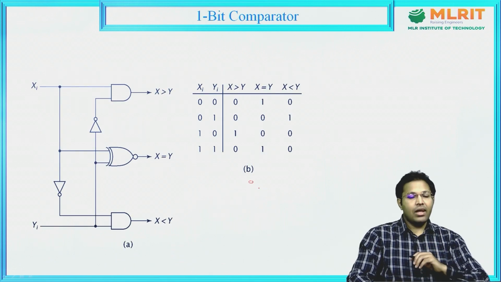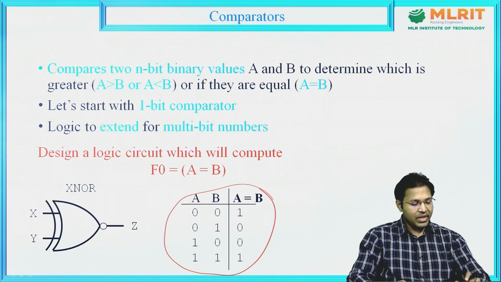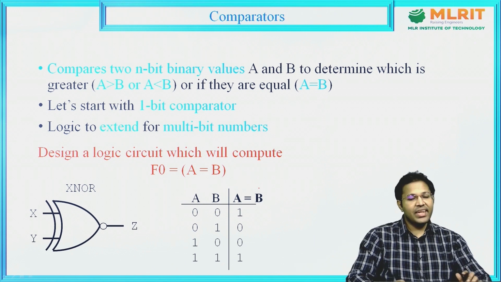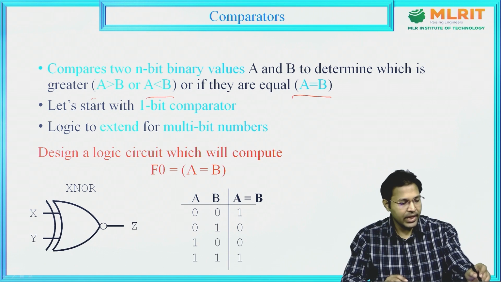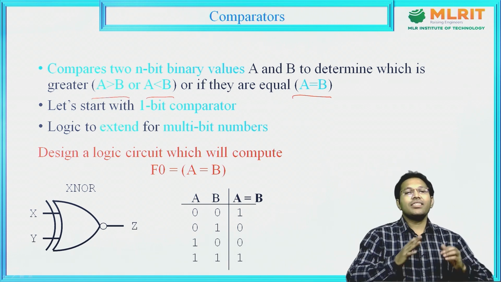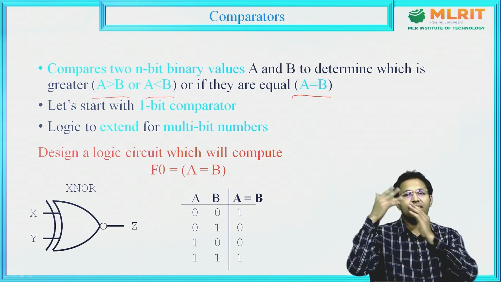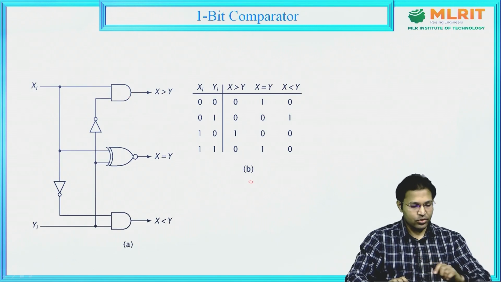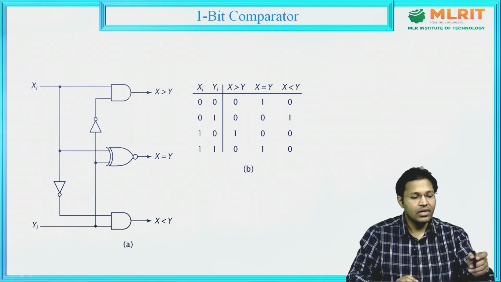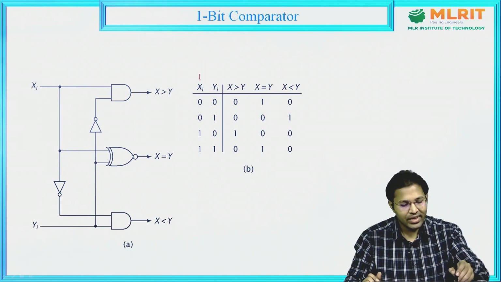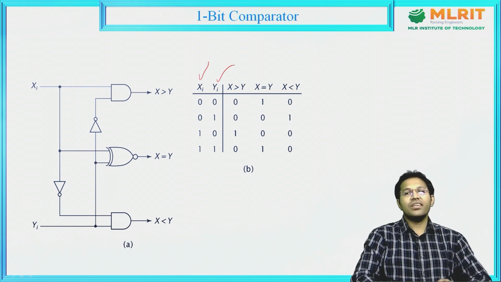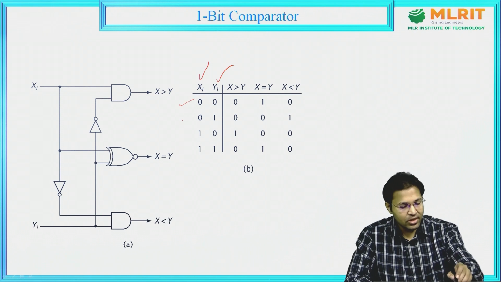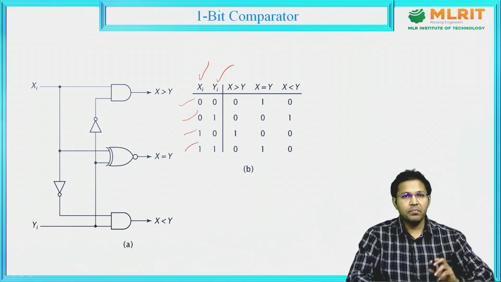As discussed in the previous slide, other than A equal to B, we have other categories: A less than B and A greater than B. Let us slowly extend this logic to those cases also. Here again we are taking two inputs. The possible combinations are 4: 0 0, 0 1, 1 0, 1 1.